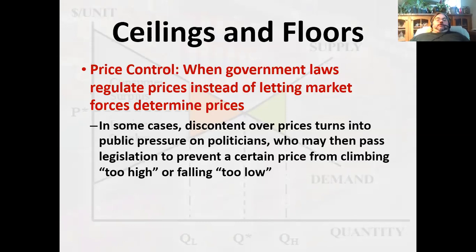The flip side of that is what's called a price floor, which is also a price control. This is where people complain about something not costing enough. And we'll talk later about unemployment and minimum wage. But minimum wage is an excellent example of a price floor where somebody complains, hey, I work 40 hours a week. I'm not making enough money based on what I think I should get paid.